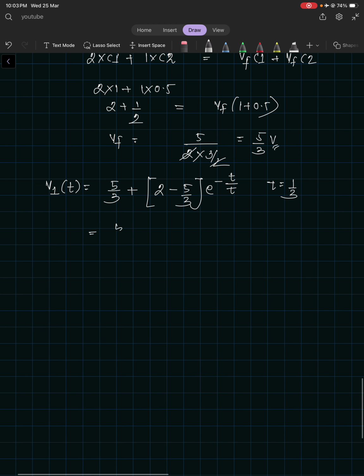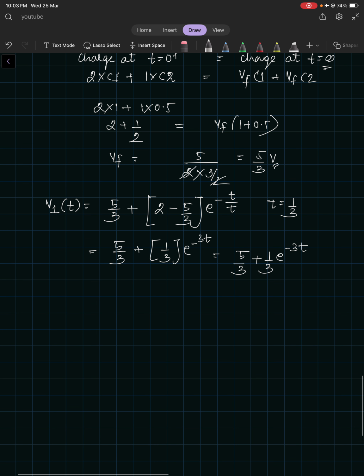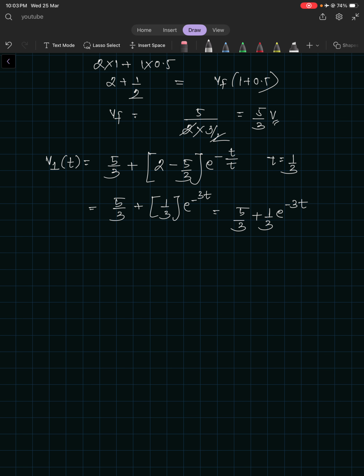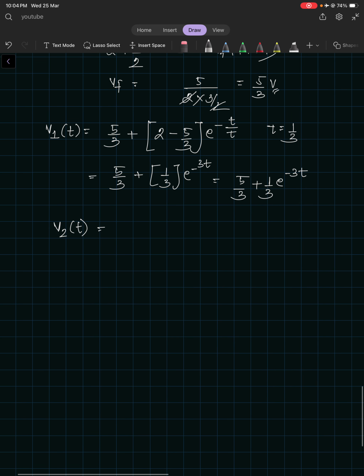So 5 by 3 plus 1 by 3, right? Yes, 1 by 3 e power minus 3t, right? So this will become 5 by 3 plus 1 by 3 e power minus 3t. I think this is the equation we got for V1(t). You can check, because at t equal to 0 it will be 2 volts, and at t equal to infinity it will die with 5 by 3 volts. Okay, fine. No need to cross verify, using the equation I have cross verified actually.